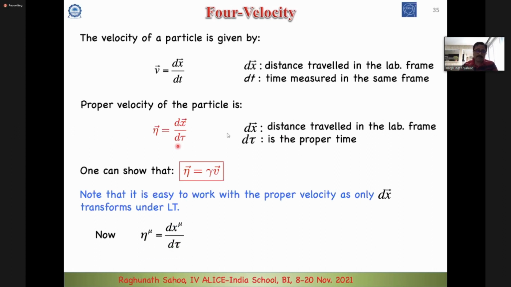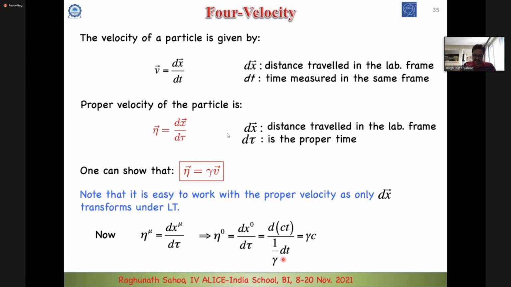Now from the three-vector eta, let me migrate to the four-vector concept. Eta mu is equal to dx mu divided by d tau. You can show that the zeroth component is nothing but dx0 by d tau, and x0 was nothing but ct, and I know how d tau is related to dt: it is dt by gamma, the Lorentz boost factor. At the end, I could show that eta 0, the temporal component of proper velocity, is nothing but gamma c. I think it is emerging in a beautiful way.